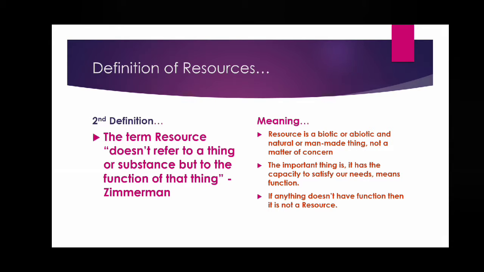Remember always that whether it is biotic or abiotic, natural or man-made, no need to worry about this thing. You have to ask this thing or substance, can you fulfill our needs? Here our means human beings. If this thing is telling yes, if this thing can fulfill your needs, then it is called as what? A resource. Second definition. Now come to the next topic.